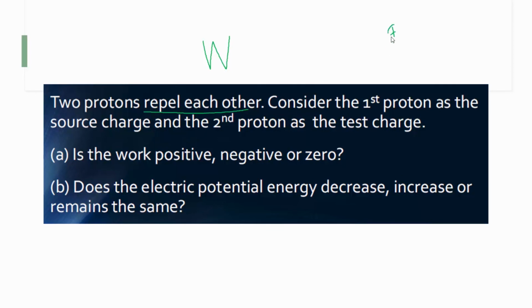So, drawing mo yan. They have the tendency to move away from each other. So, yung delta U mo is negative. Diba? Kasi, nagde-decrease yung potential energy.